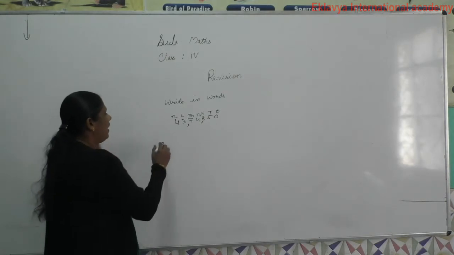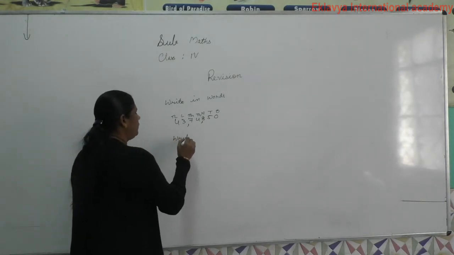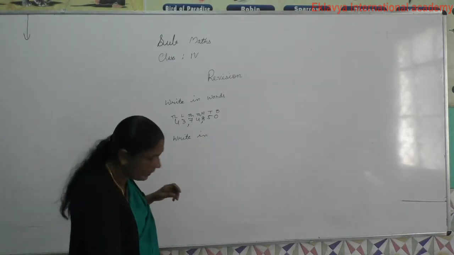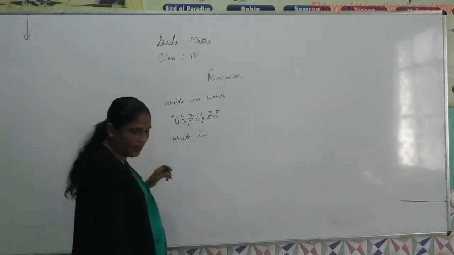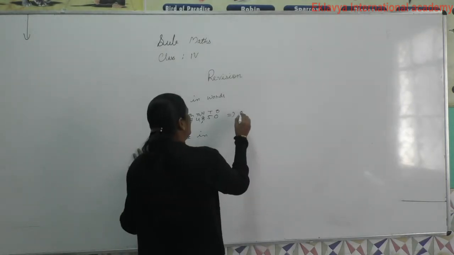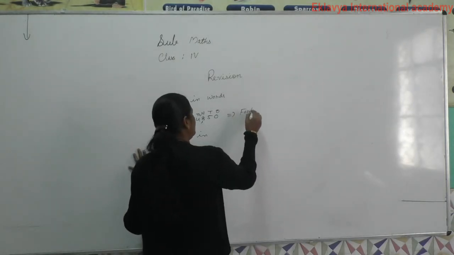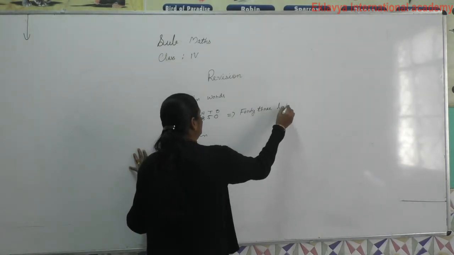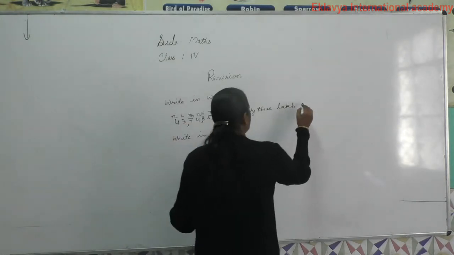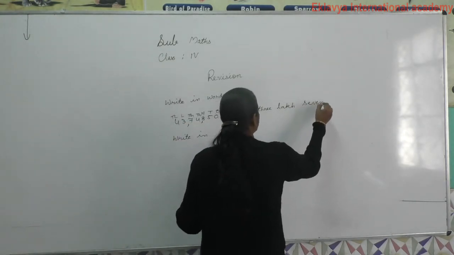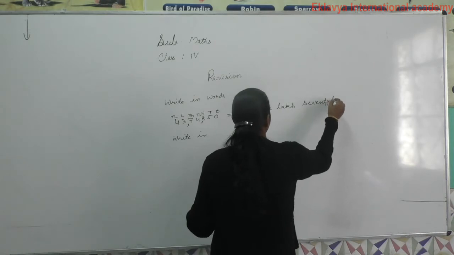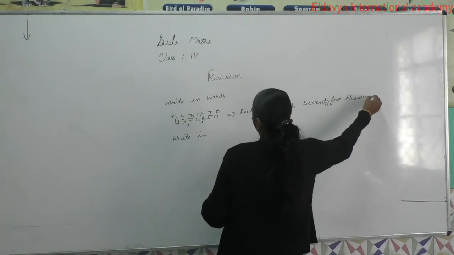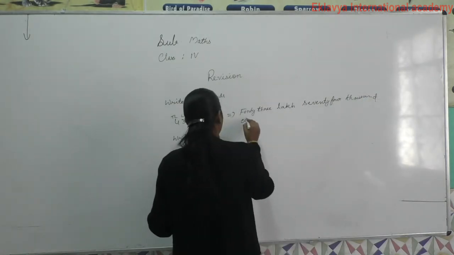Then write in expanded form. You write this number, 43 lakh 74,850.